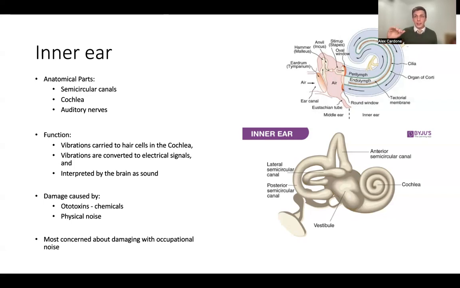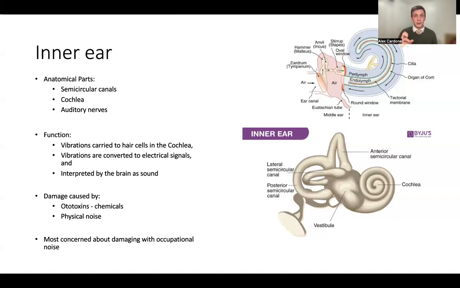Lined within the cochlea are roughly 16,000 hair cells. These are literal hair follicles detecting vibrations. Noise and vibrations travel into the cochlea, and depending upon the frequency of those noises, different hairs within the cochlea react.